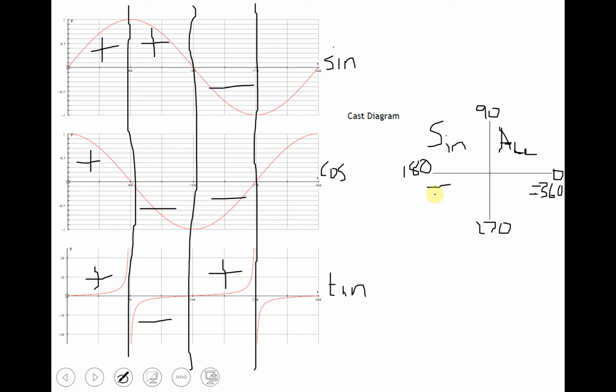So similarly we label it T for tan, as tan is the only positive function in that quadrant. And for the final quadrant, 270 to 360, sine is negative, cos is positive, and tan is negative. So C for cos is the only function that's positive in that quadrant. And we call this diagram the cast diagram, as we have C, A, S, and T.